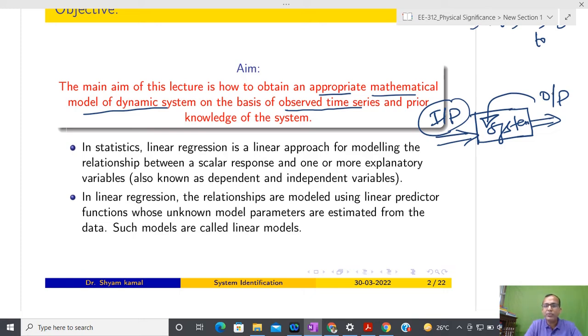But in today's lecture we are trying to understand that if I have some input data and output data, time series, meaning if I apply some input at some time and observe something corresponding to that, and I have knowledge of the system, then how to get the mathematical model of this system.